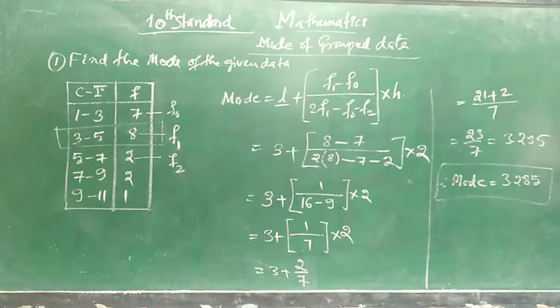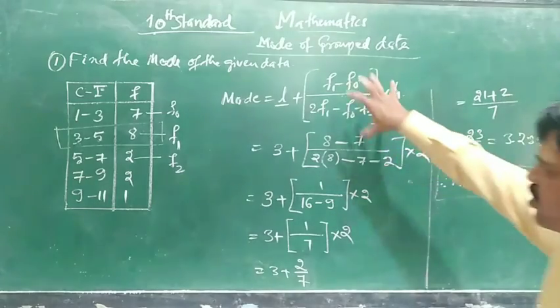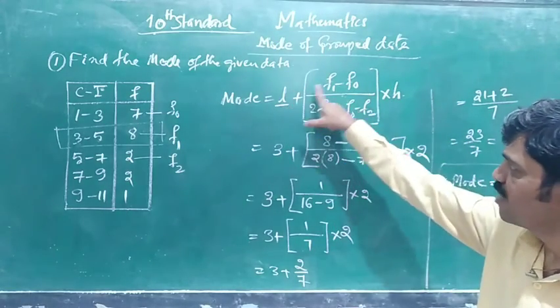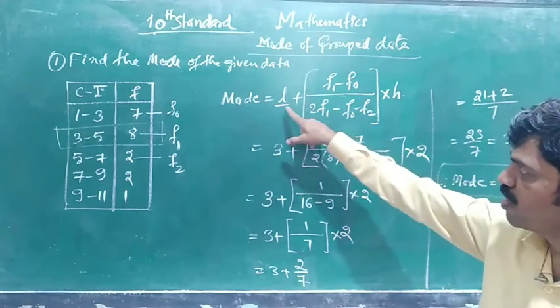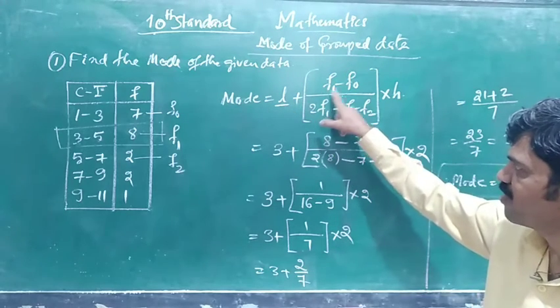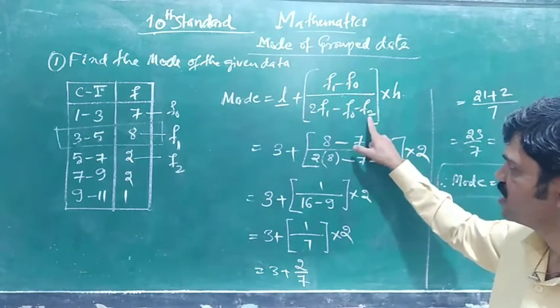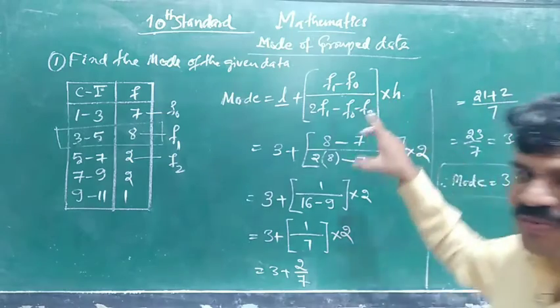Write it down. So this is how you have to remember the formula and the abbreviations of the formula. What is L, what is F1, what is F0, and what is F2, what is H. We have already discussed it.